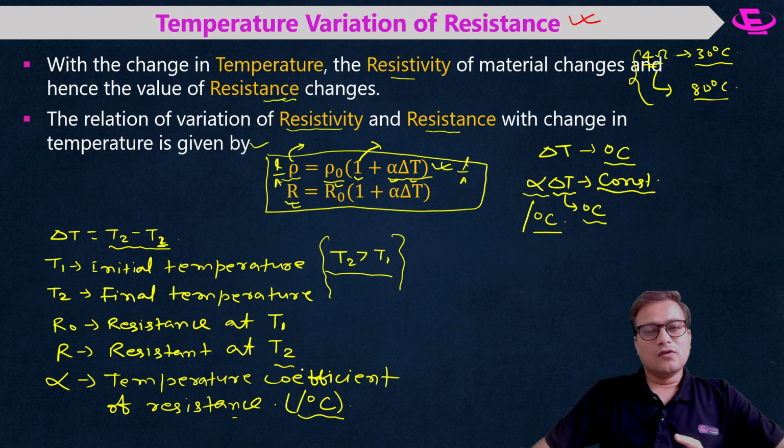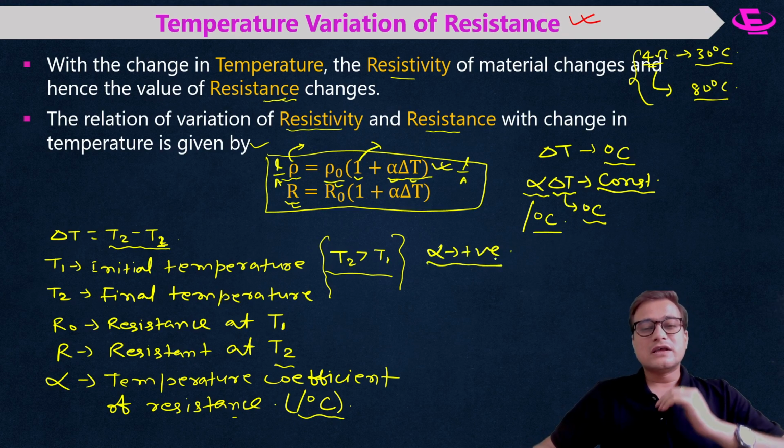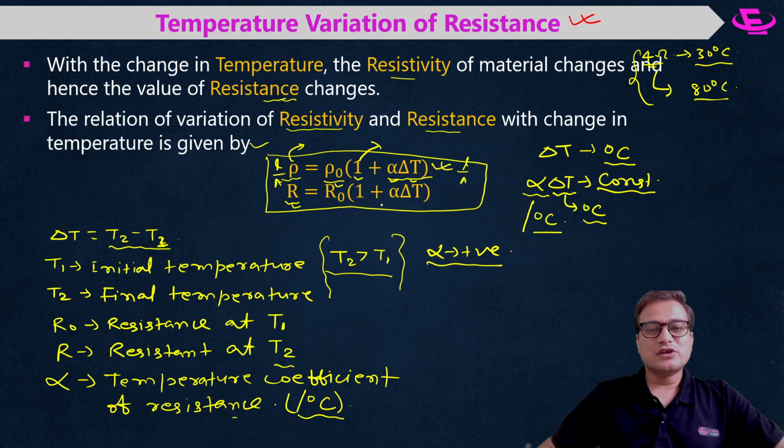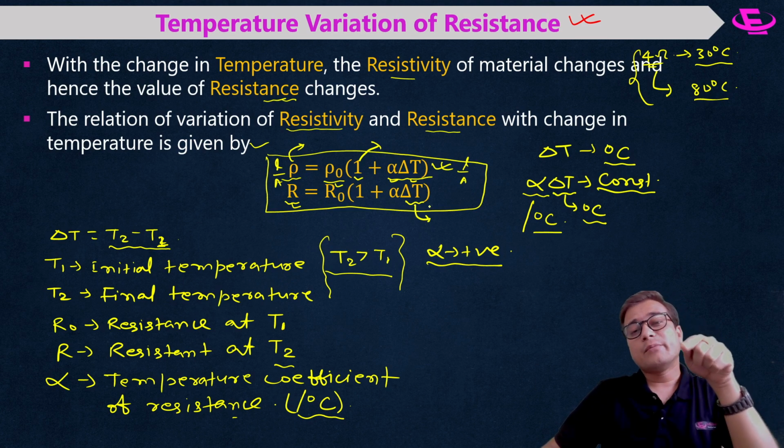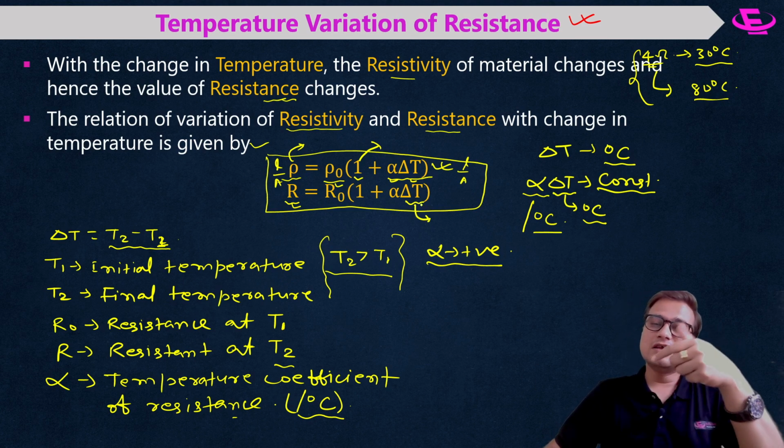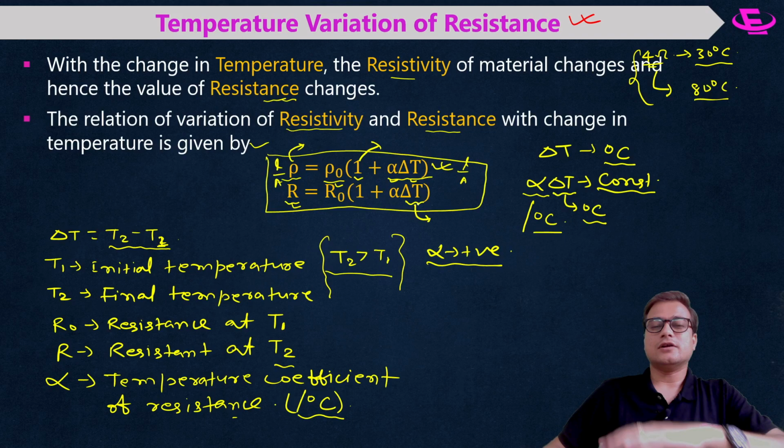Now what will happen? Suppose alpha is positive. I have already written T2 greater than T1. Why am I writing T2 greater than T1? I will explain this through one question.